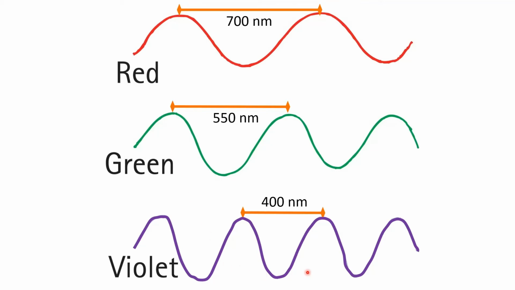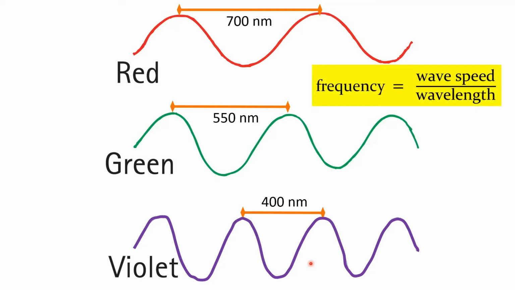If you remember, wave speed can be defined as the wavelength multiplied by the frequency, which means we can define the frequency as the wave speed divided by the wavelength. All three of these waves have the same wave speed, so by looking at the wavelength, we can make a direct comparison of their frequency as well.